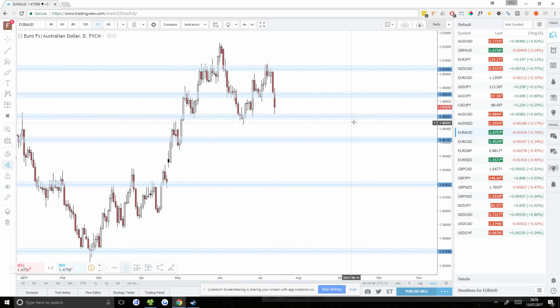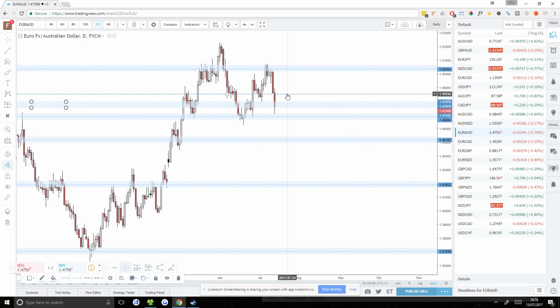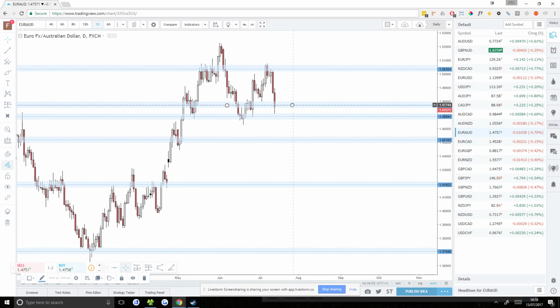I think where I have it makes a lot more sense. I have my area here based on these recent bounces. So yours would be here. Oh, actually, no, my mistake. Yours is just a tad lower.